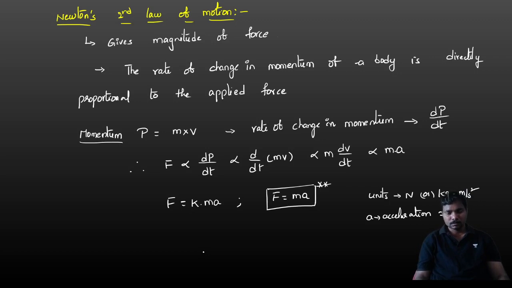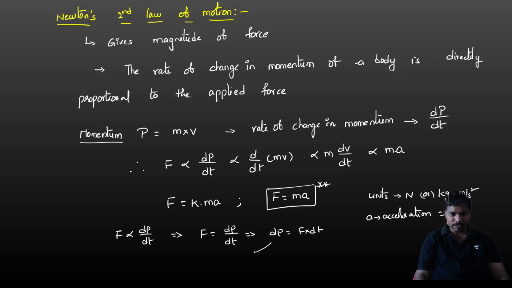Okay, from this we can also say that F is proportional to dp by dt. From this, let us take F is equal to dp by dt. From this, dp is equal to F into dt.